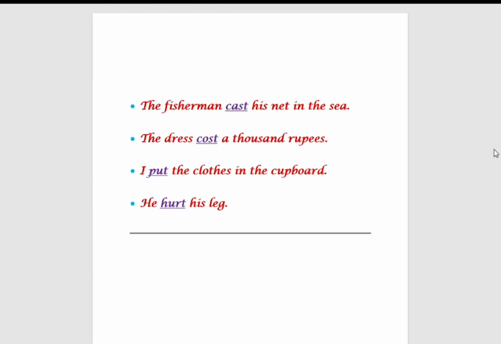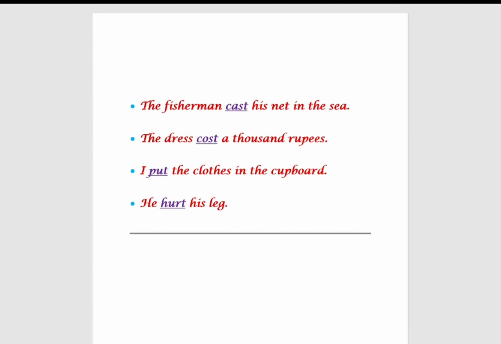A few verbs do not change their forms at all when used in the past tense. For example, the fisherman cast his net in the sea. The dress cost 1,000 rupees. I put the clothes in the cupboard. He hurt his leg. So here, even if you're changing the tense, the spelling of the verb remains the same.